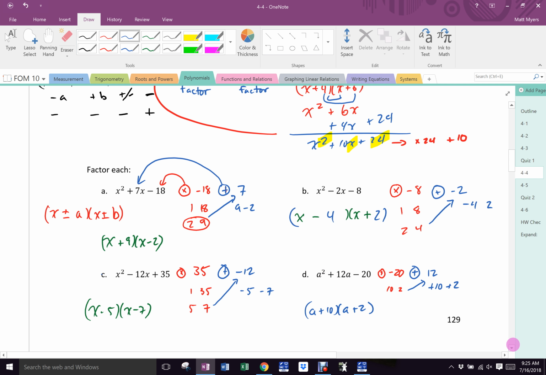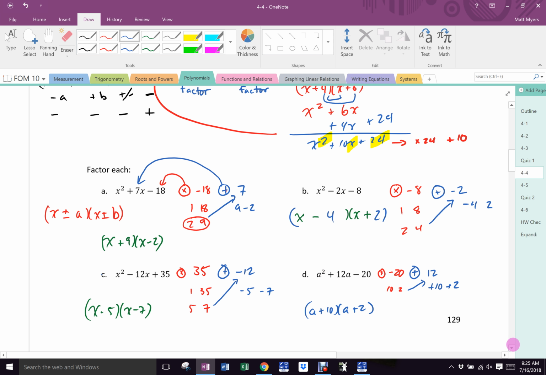So, there's going to be a few on this page, page 130, where you're going to want to say DNF, but they factor, okay? So, let's look at page 130 and let's go through it. E looks pretty normal. What should I multiply to? Look again. Negative 14.